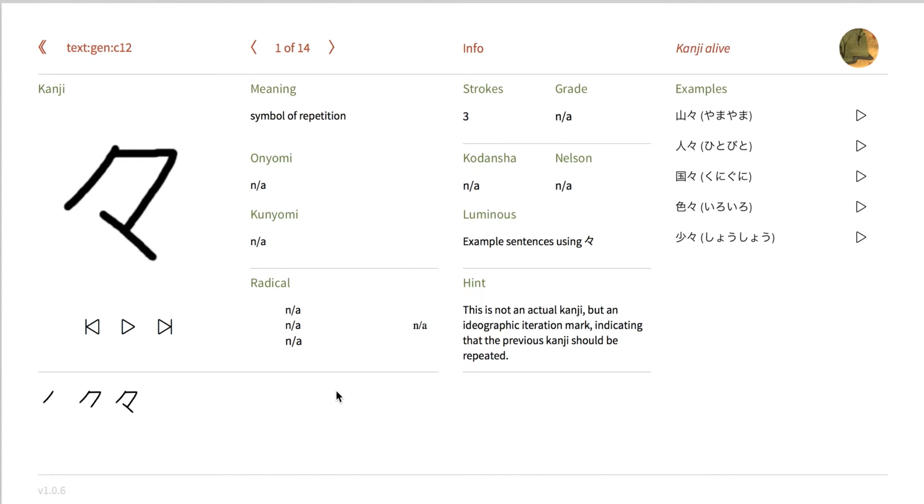This, I think, is a relic of kanbun, which was a series of notations so that Japanese speakers could read ancient Chinese texts. You'll notice in several of these the consonant changes in the second repeated kanji. So kuniguni, hitobito, but yama is the same, iro is the same, and shosho is the same.